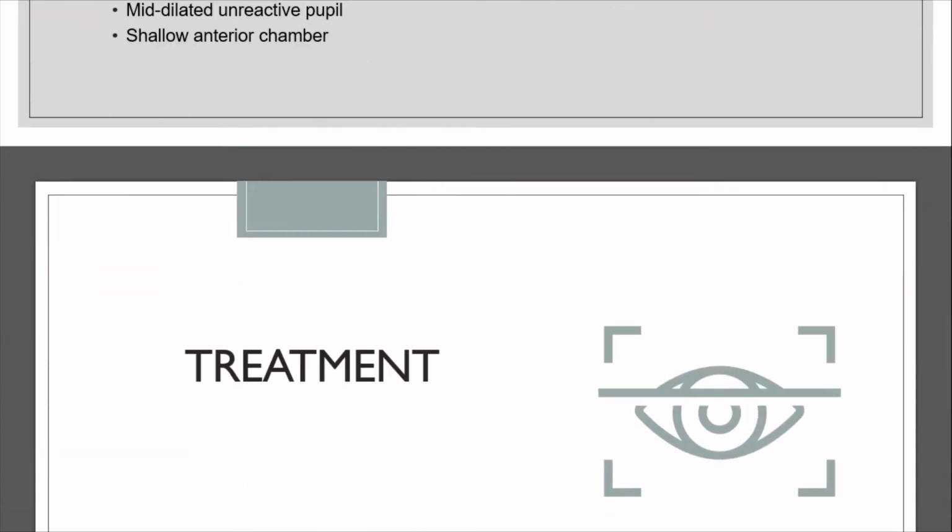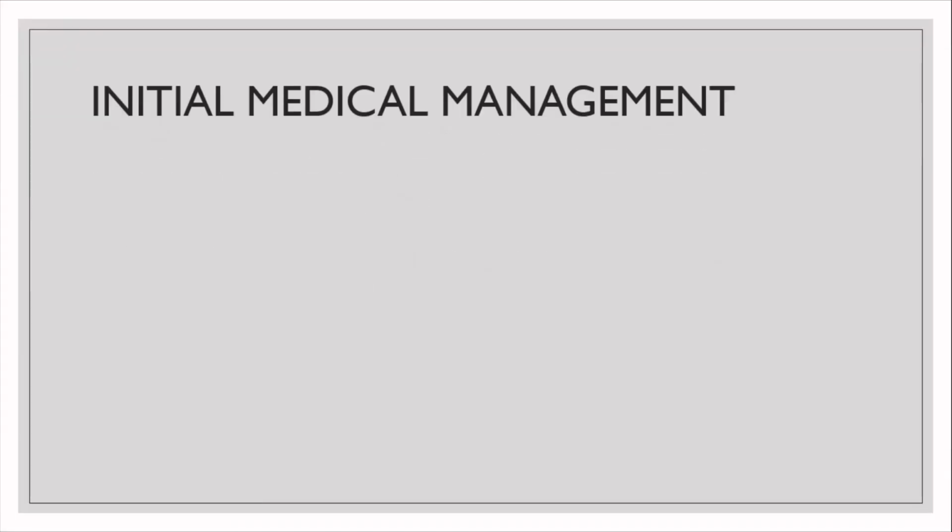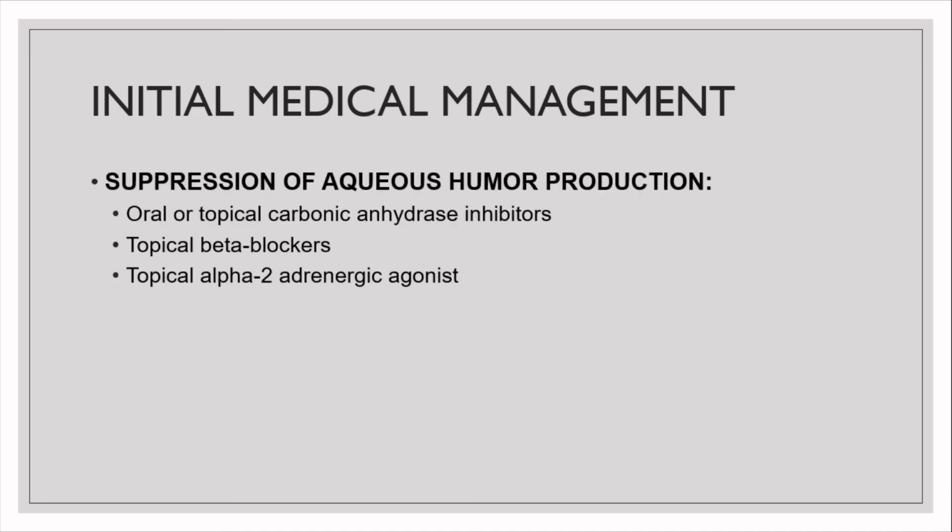So how is it treated? When a patient comes in and you suspect or diagnose acute angle closure glaucoma, it is important to give immediate initial treatment in order to prevent further damage to the optic nerve. These are basically mechanisms that can help reduce intraocular pressure.